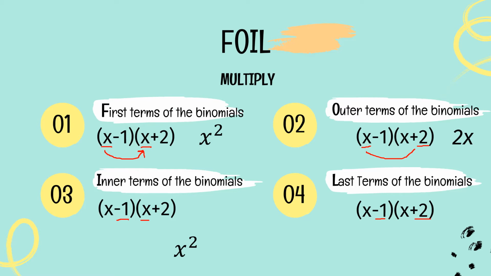Next, the inner terms are negative 1 and positive x, so that is negative x. Next, the last terms: negative 1 times positive 2 is equal to negative 2.